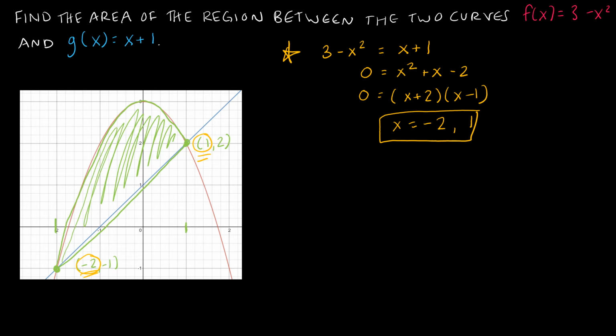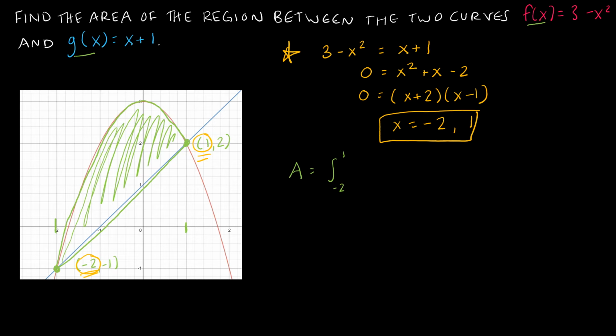From here, again, I'm looking for the area. So all that did for me so far is tell me that I'm going from -2 to 1. Now I need to take whichever function is on top, and keep in mind I've been labeling them for you f of x and g of x, but they're not always going to be labeled properly for you, so you always have to take into account which one's on top.